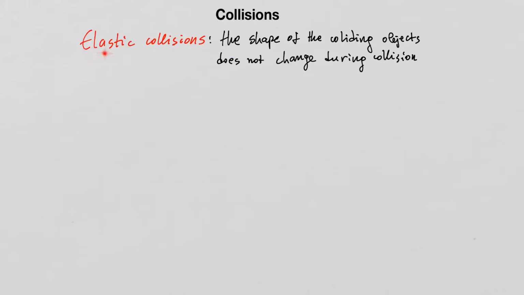So when elastic collisions are under consideration, think about rigid bodies undergoing those collisions. One more time, elastic collisions are collisions for which the shape of the colliding objects doesn't change during collision.